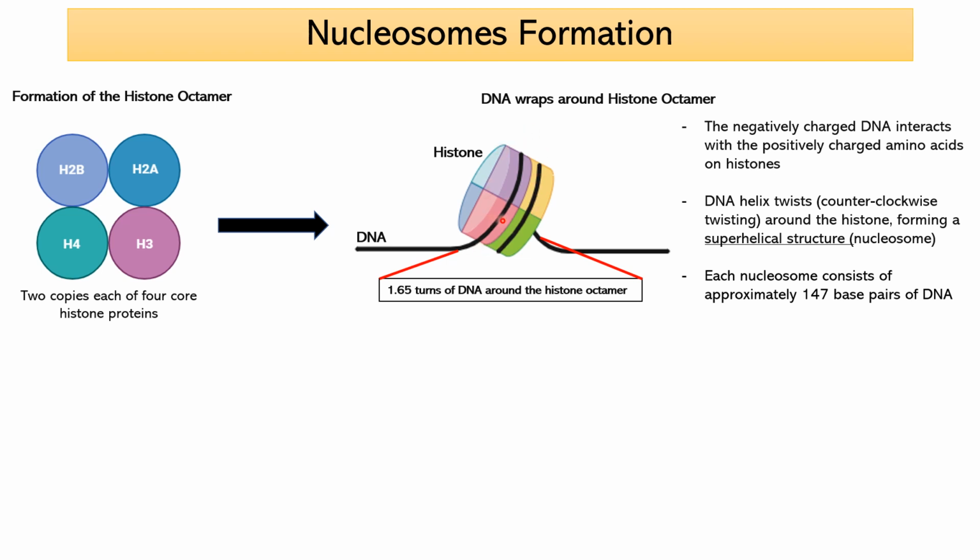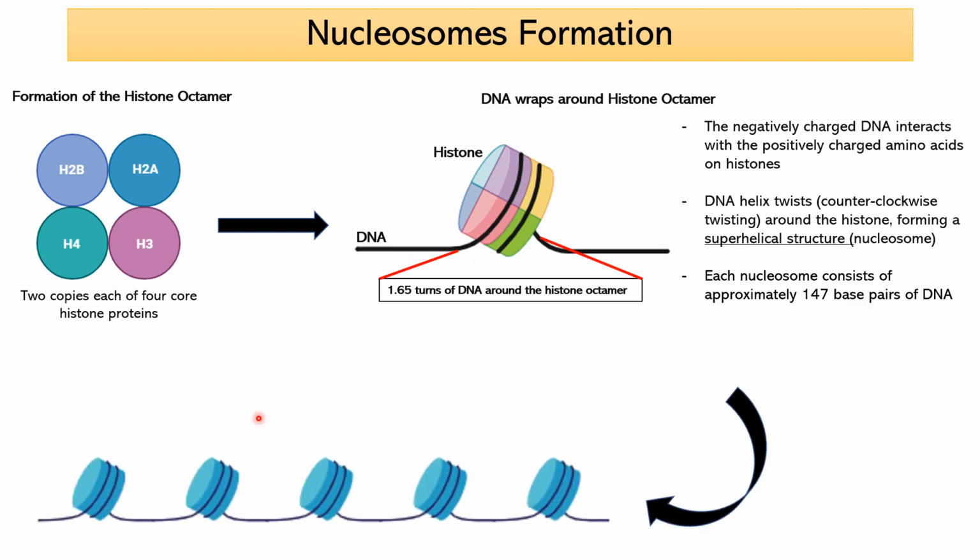This will allow the DNA to twist around the histone in an anti-clockwise manner, forming what is known as a superhelical structure, also known as a nucleosome. So a nucleosome is the histone octamer protein with the wrapped DNA around it. So these together are called a nucleosome. Okay, and within every nucleosome, the amount of DNA that is twisted is approximately 147 base pairs.